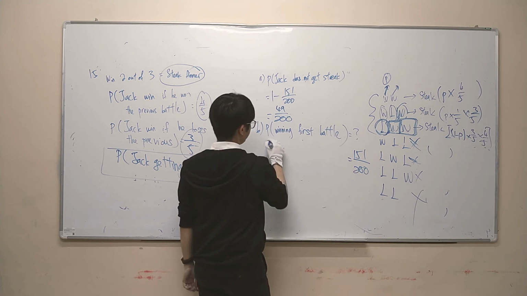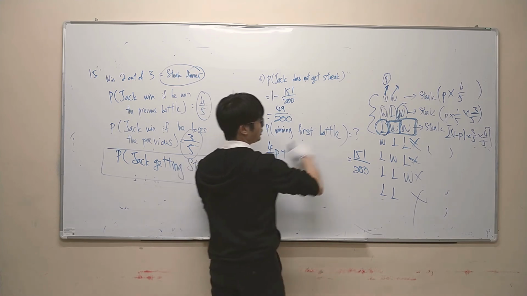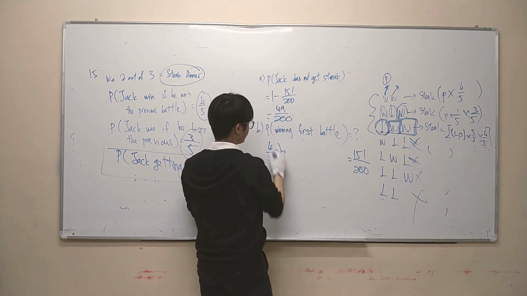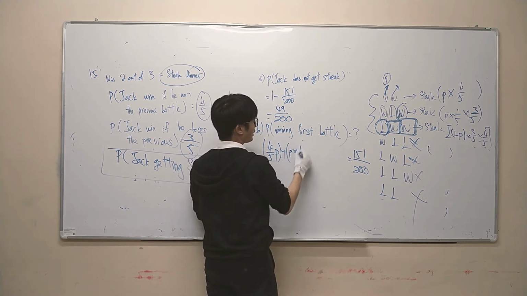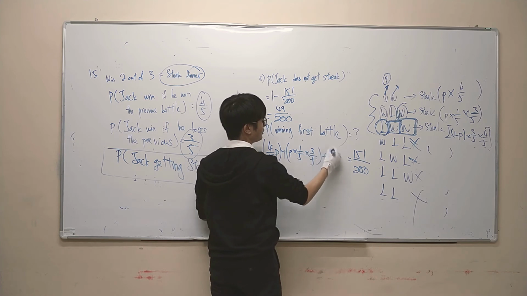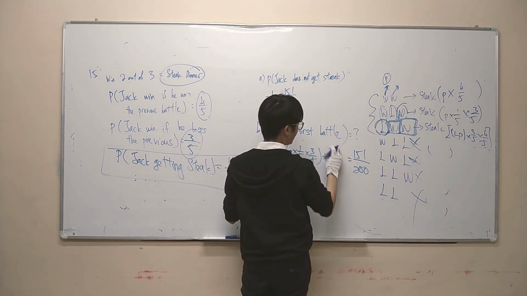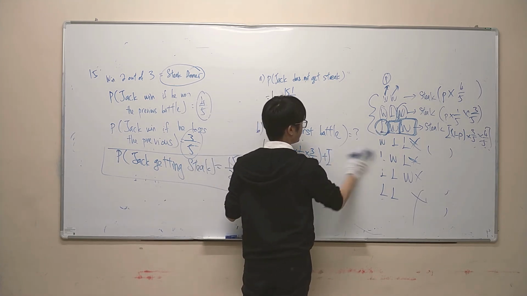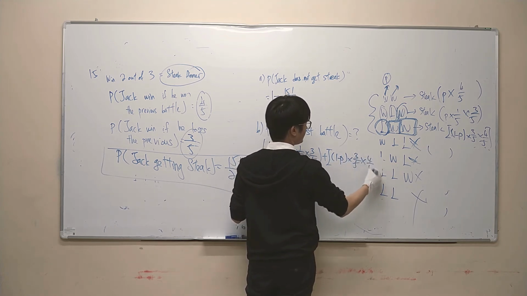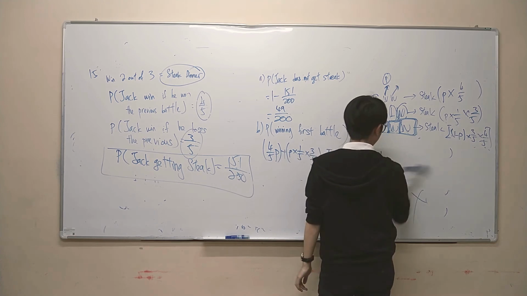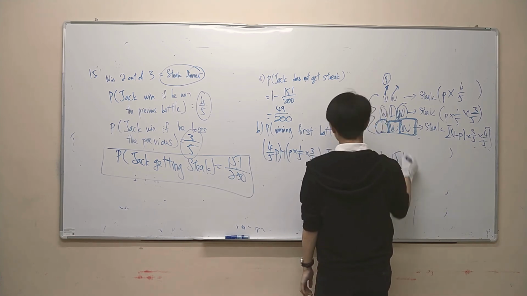So 4 over 5 P plus P times 1 over 5 times 3 over 5 plus 1 minus P, I need to use a big bracket, so 1 minus P times 3 over 5 times 4 over 5, the whole of this will equal 151 over 200.